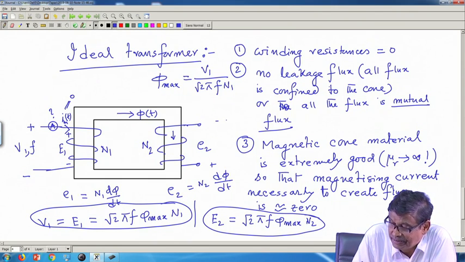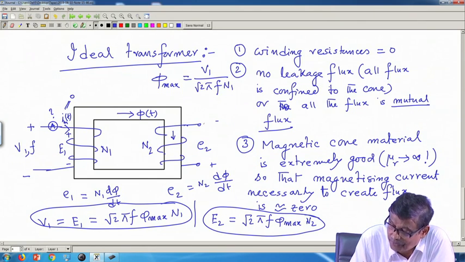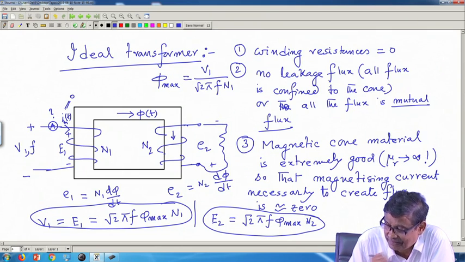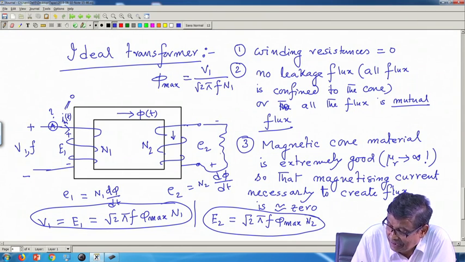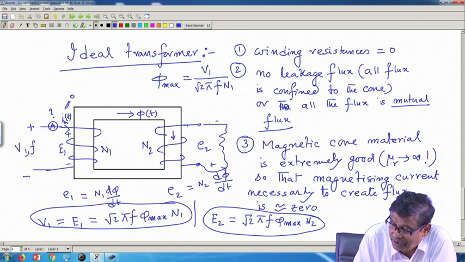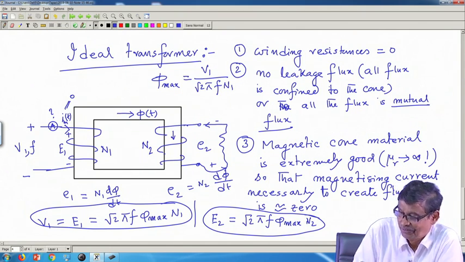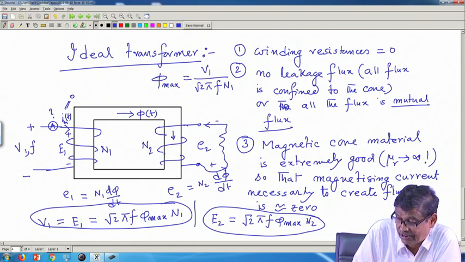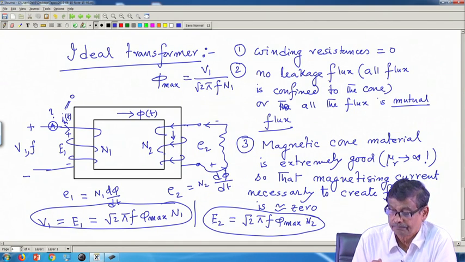If you imagine that you have connected some load, some resistance here, then at that instant, current supplied by the coil will be like this, is it not? It will go, this is the source like a battery, current will go like this and the direction of the current in the windings will be like this.